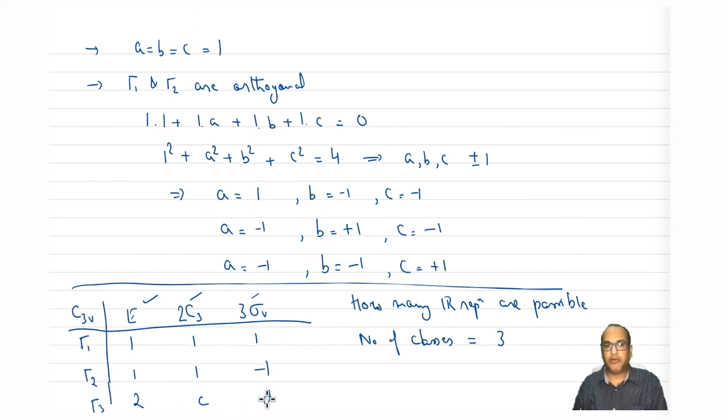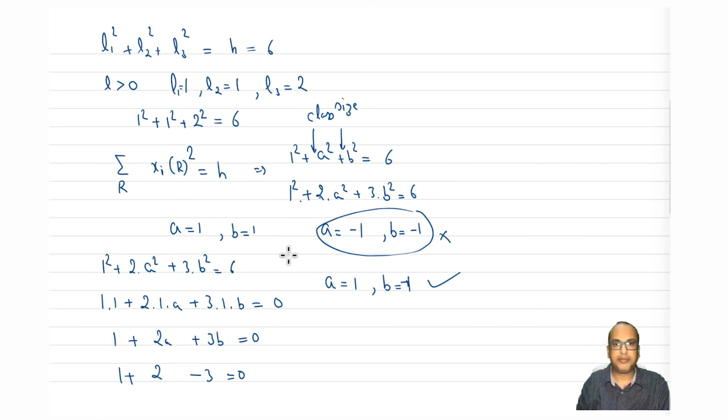So now we have two variables and we can easily get two equations from two orthogonality conditions. So let's do that. So 1 into 2 plus 2 into 1 into c plus 3 into 1 into d should be equal to 0.